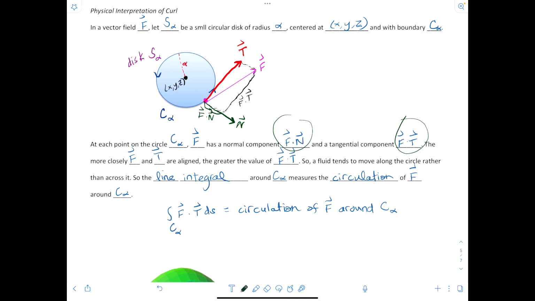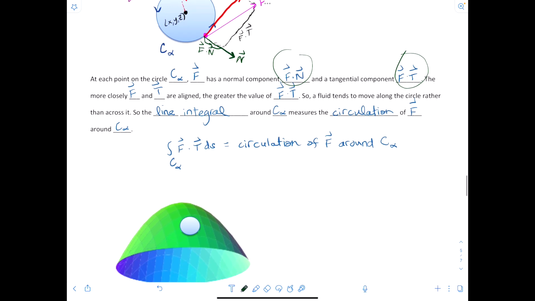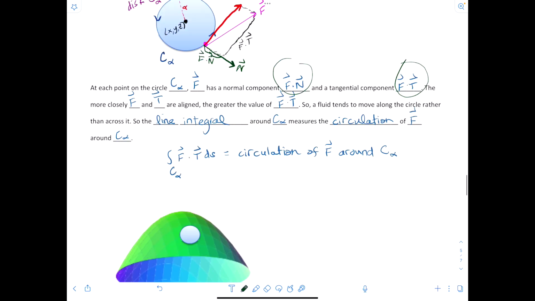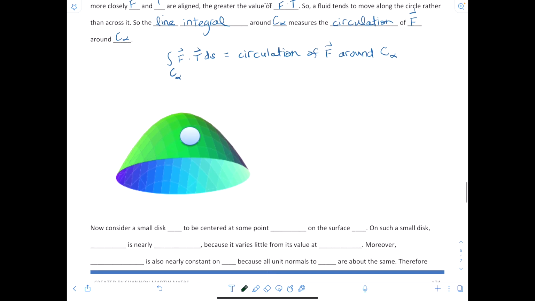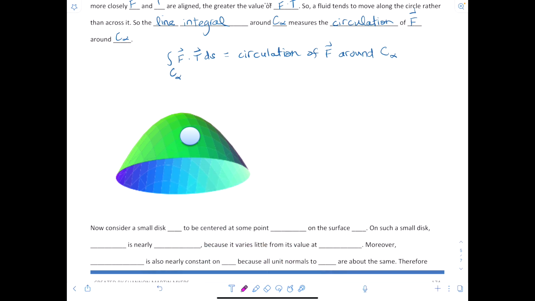So now let's take a look at the disk in terms of being on the surface itself, right? So again, you've got the same stuff that we have here, but you've got this big surface S. So this whole surface here is S. It's the surface above the boundary line.